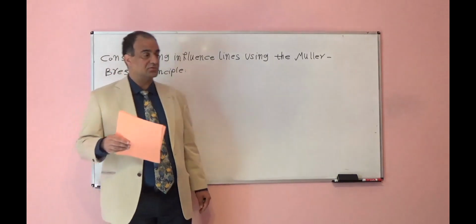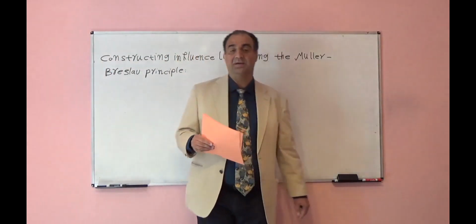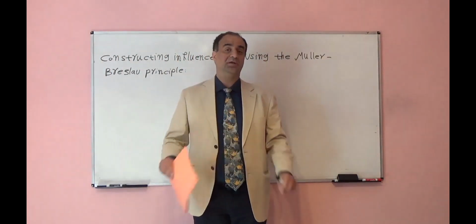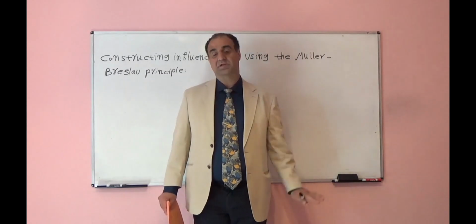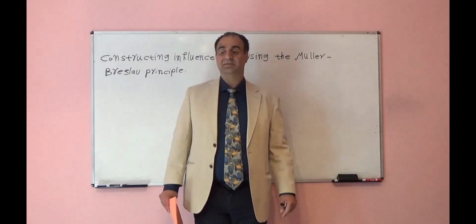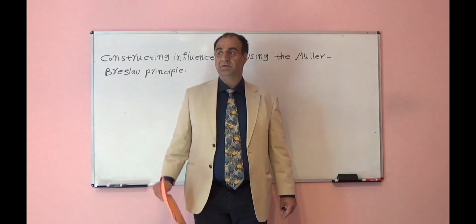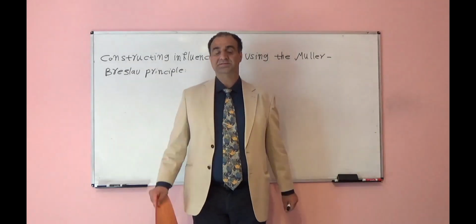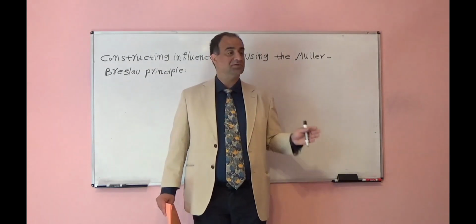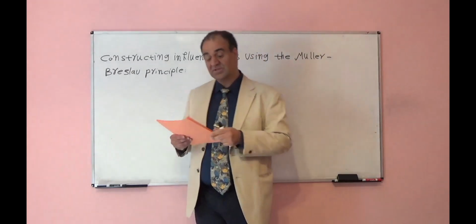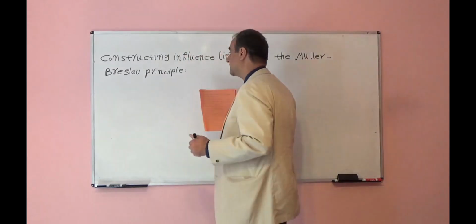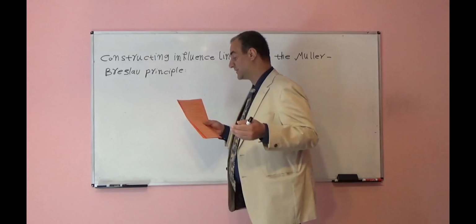We can do that, always we can do that, and if we apply that equilibrium equation right, we will draw that influence line right. But that will take time. If we use Muller-Breslau method, we can do calculation much faster. So the reason we are using this method, because we will save time.